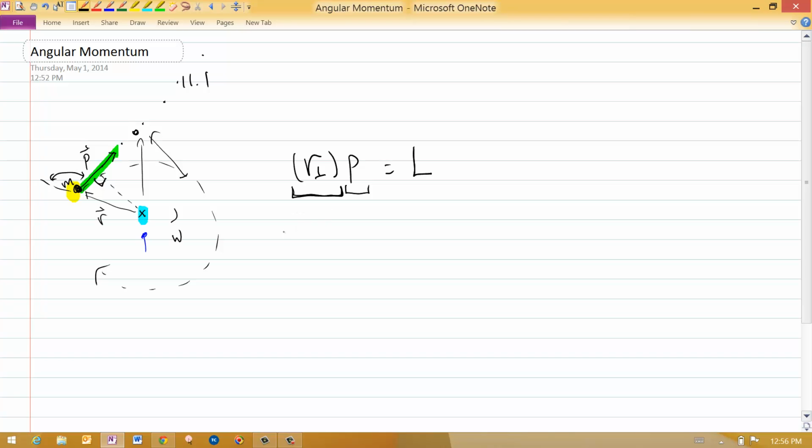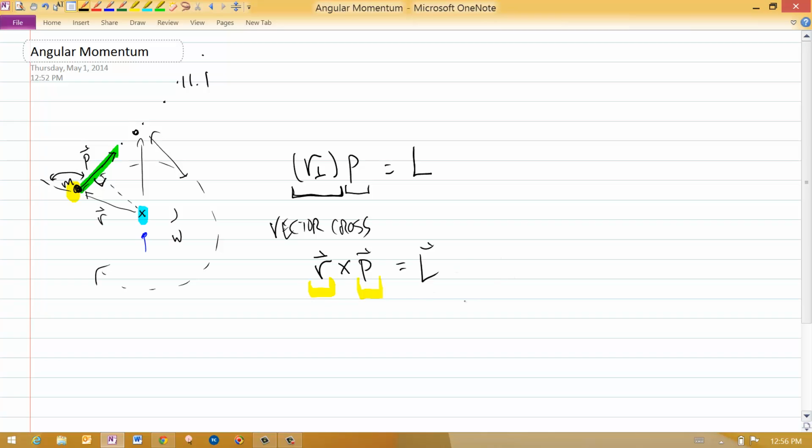And there's an easy way to do that. There is a vector construction that takes two vectors in: the vector cross product. So the position vector crossed with the momentum vector. One vector comes in, another vector comes in, and a single vector comes out of this. That's the vector that we're going to call the angular momentum.